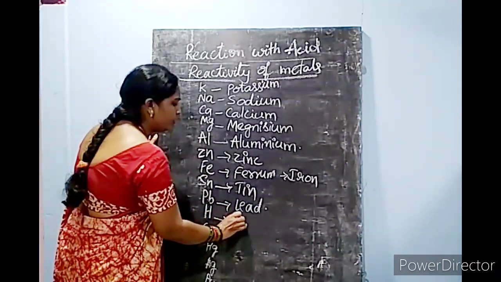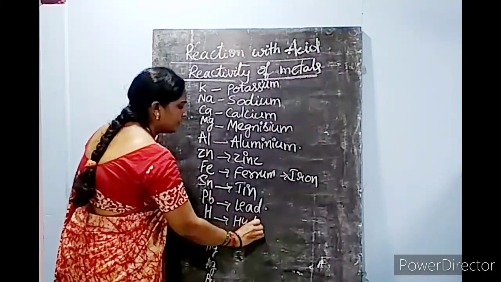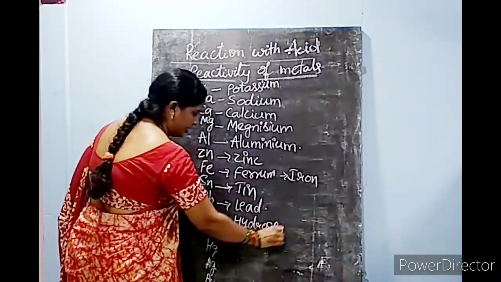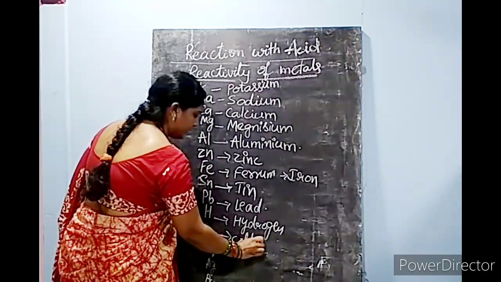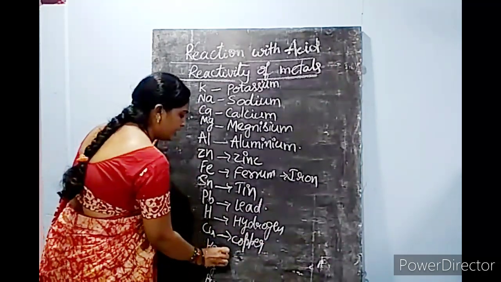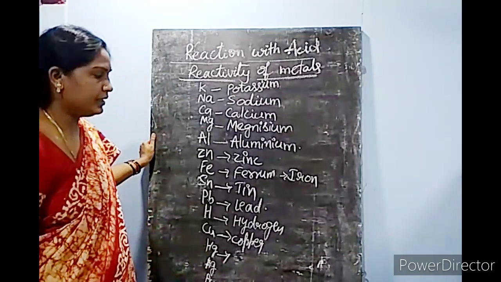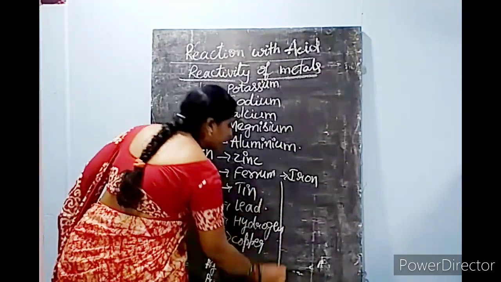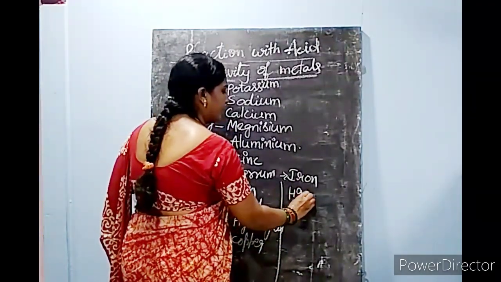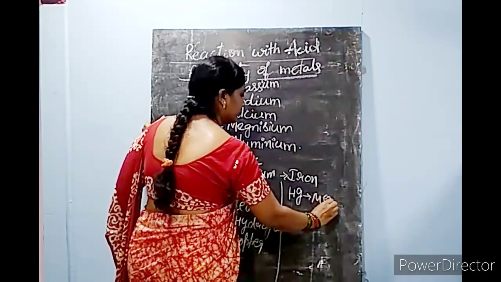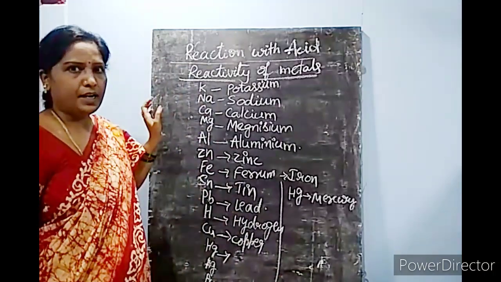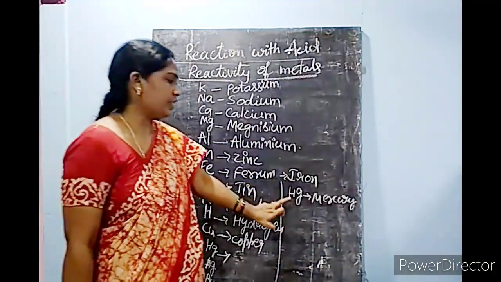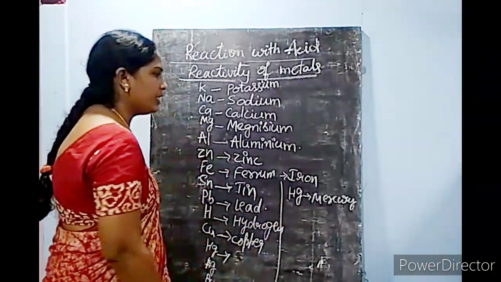And H, you know, hydrogen. And Cu means copper. And Hg means mercury. The Latin name of mercury is hydrargyrum, that's why the symbol is Hg.